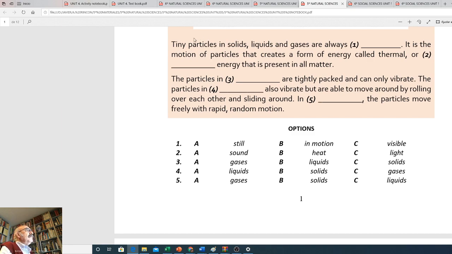So we're going to start. Tiny particles in solids, liquids, and gases are always, and we have to choose between always still, always in motion, always visible. What do you think the correct answer is? Are they visible always?